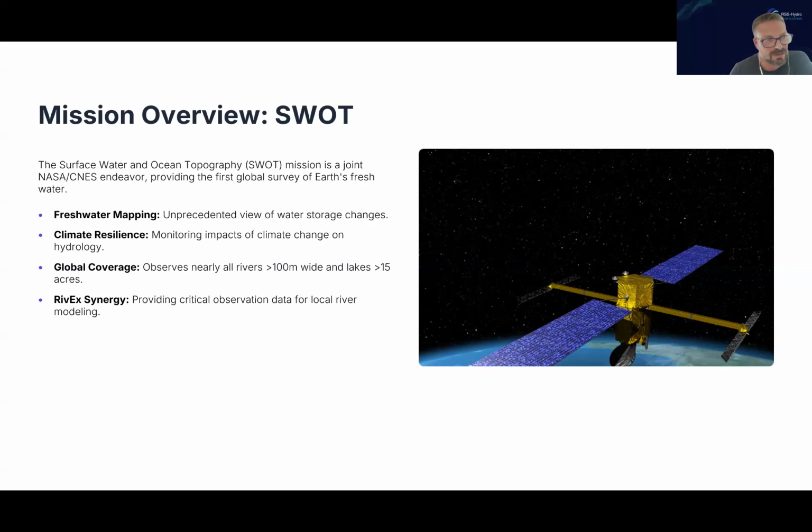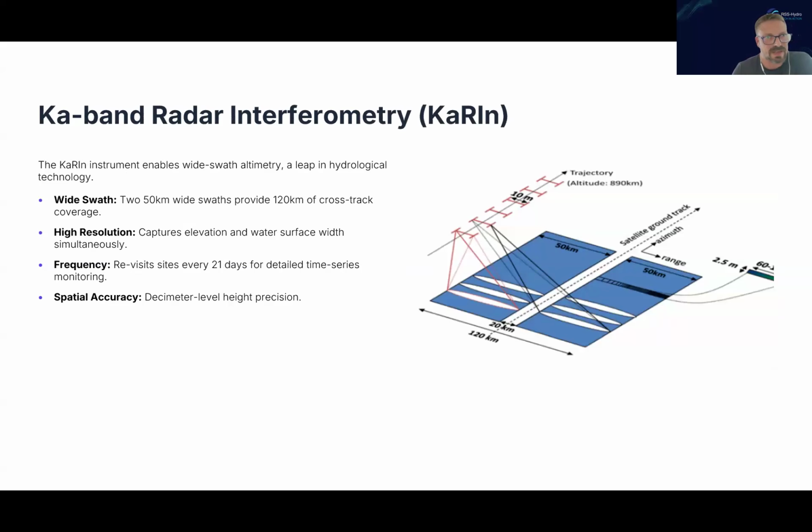So for the RivEx synergy of this working group, I think there's a lot here, but above all, it gives these critically observed data that we need for going local to global river modeling that we are supposed to put together here in RivEx. So how does it actually work? Well, I would say ask the French. They developed the instrument.